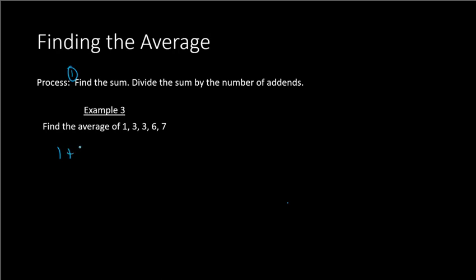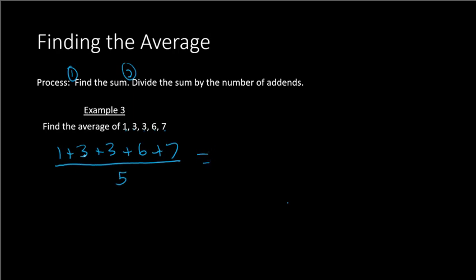So you have to add all those numbers together. 1 plus 3 plus 3 plus 6 plus 7. And then once you have that, we are dividing. So you can write it with a fraction bar or the divide sign. But you're dividing by the number of addends. So we have 1, 2, 3, 4, 5 numbers that we're adding. So we have to divide by 5.